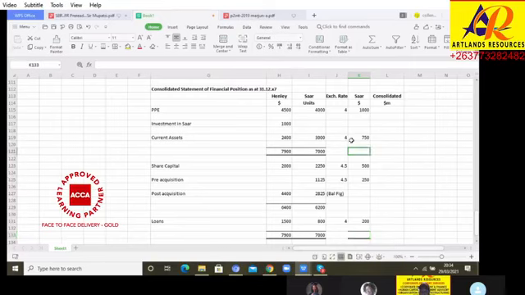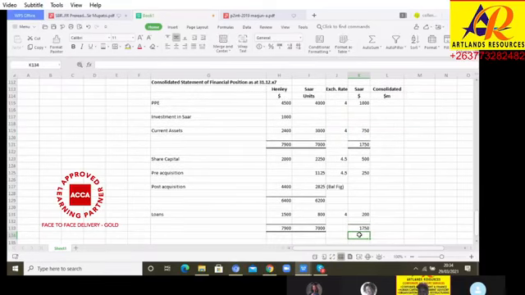So what we simply do now is balance it off. Its total is 1,750, so here should be 1,750. No wonder I was saying post-acquisition reserves are obtained as a balancing figure.